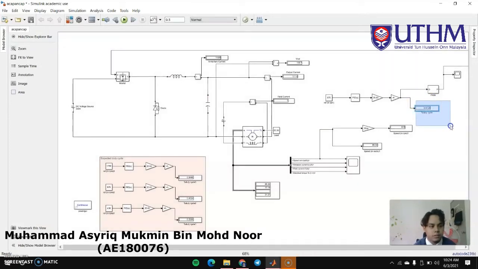Alright, so the duty cycle is 0.47, which is approximately equal to 0.5.